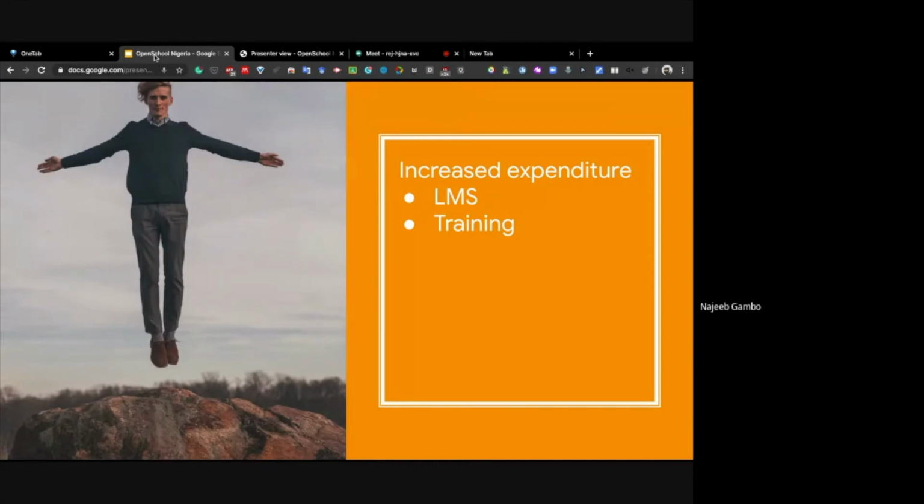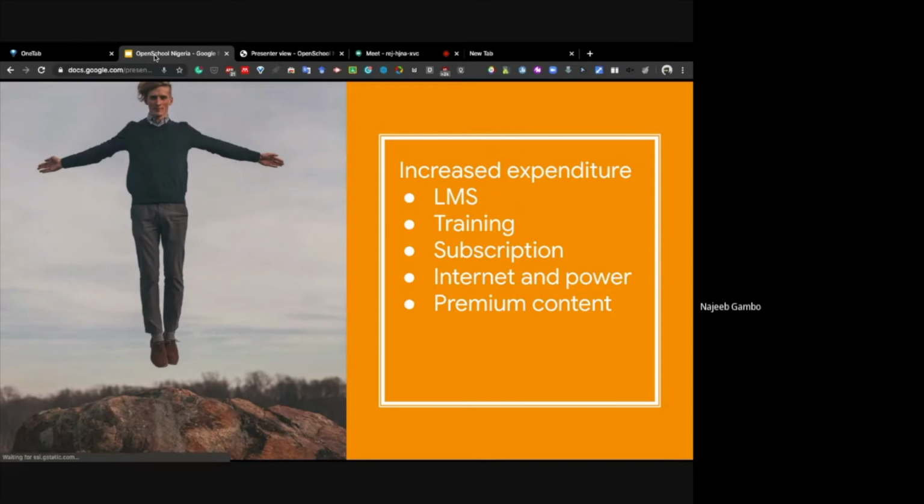And how many hours, and how much would you be charged if you are asking a trainer to come and teach your students? So you will buy a learning management system, you will buy the training, you will provide training to the consultant, you buy subscriptions to a lot of applications, you will have to provide internet and power to all your teachers, and then you have to buy premium video content that you are going to use during your flipped classroom.